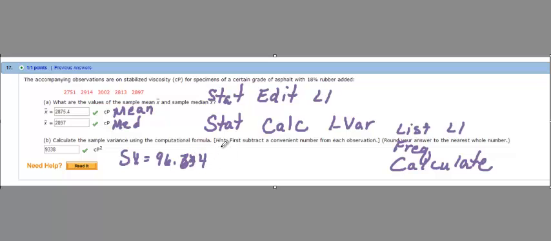And what I did was I just squared that value to get the variance. That way I kind of cheated a little bit, but that is what I did. So you can square your sample standard deviation to get your variance. And I just wrote down that number there.